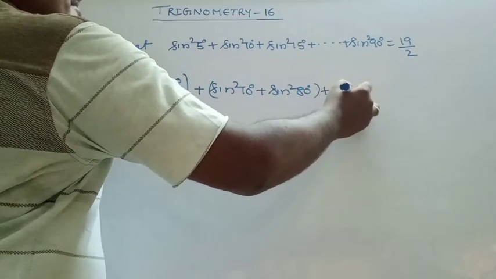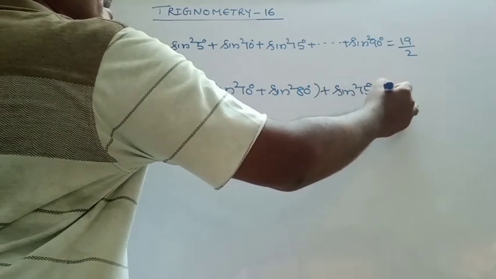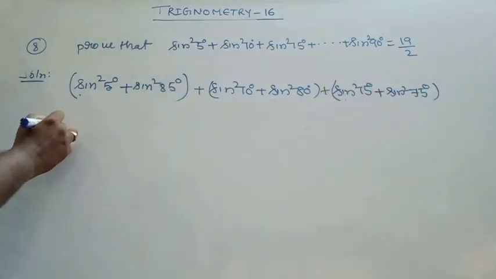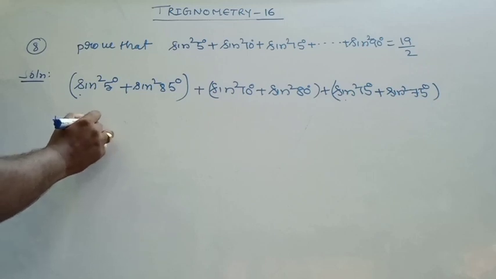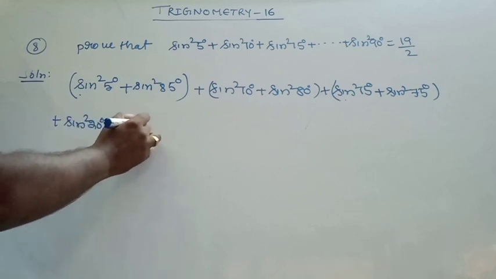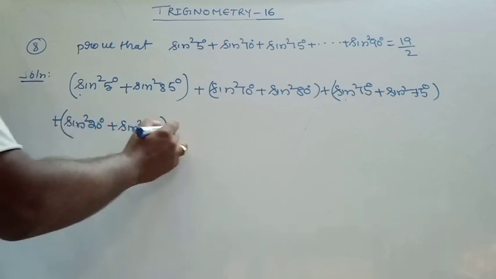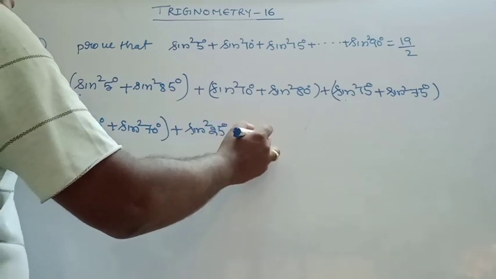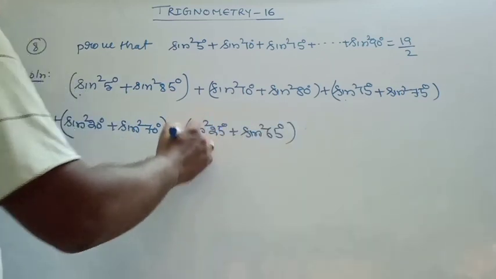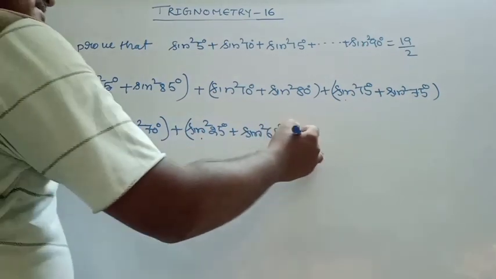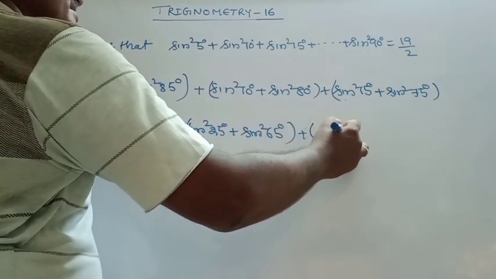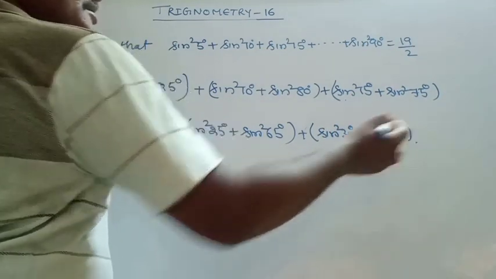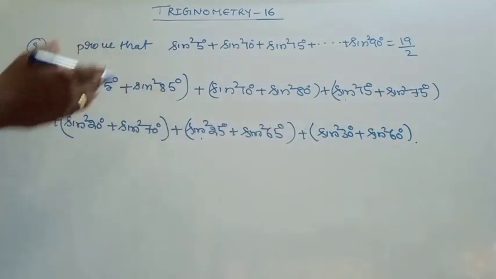Like that, sin² 15° plus sin² 75°, then sin² 20° plus sin² 70°, and next sin² 25° plus sin² 65°. Next we know that sin² 30° plus sin² 60° is also 1, because sin² 60° becomes cos² 30°.